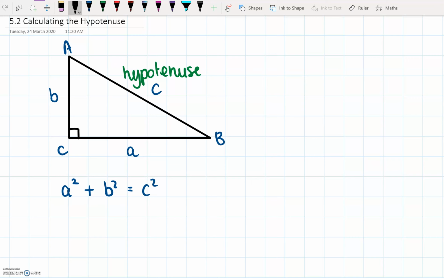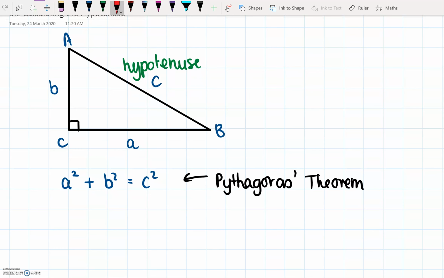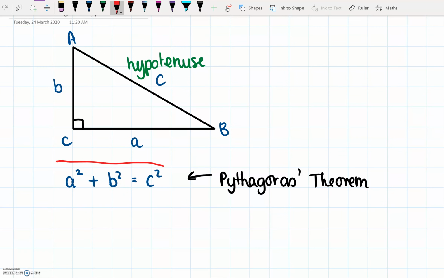This is Pythagoras' theorem. You need to learn this formula, you're going to be using it a lot.